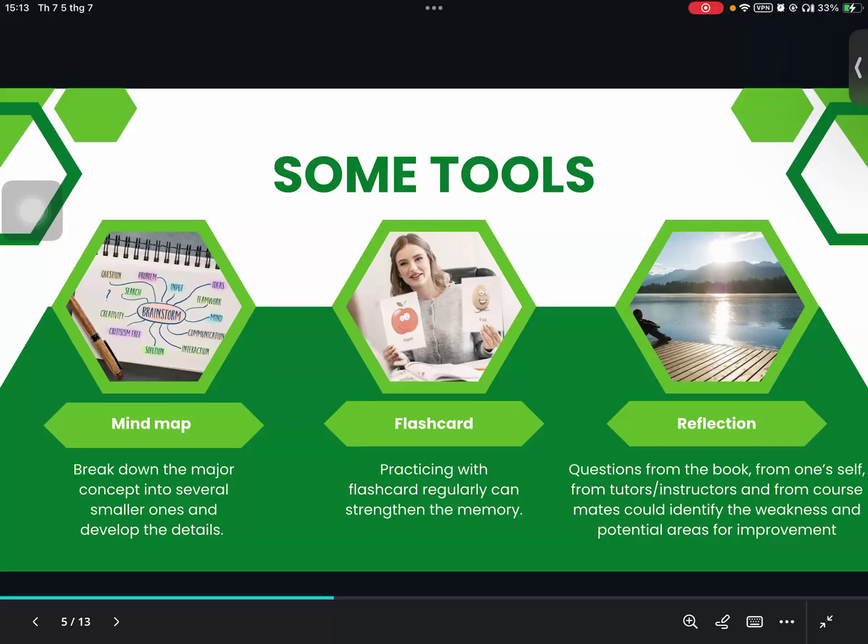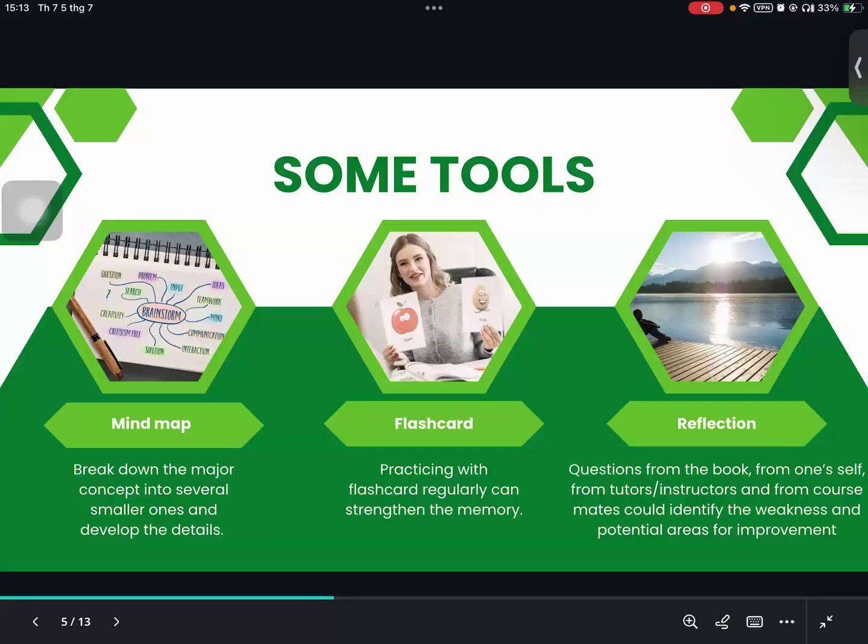Okay, so flashcard is a very great way to memorize complex material or to memorize a simple question and answer framework. Mind map works in one way, flashcard works in another way. But you still need to have some reflection.